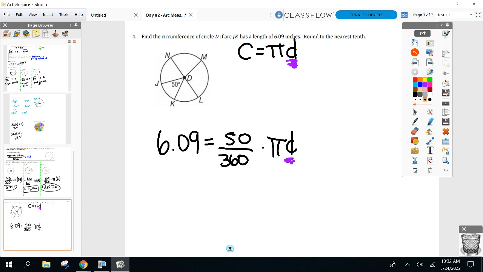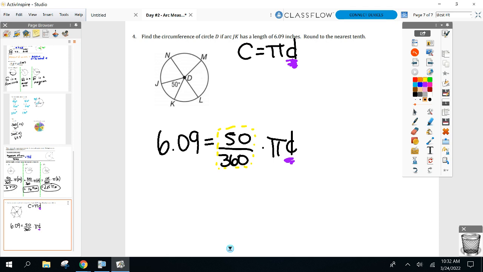Now the question is, how do I get D by itself? Well, I have to take care of this beast here first, 50 over 360. How do I move it to the other side? There are 2 ways I'll accept. Zach? Multiply it by 360 over 50.